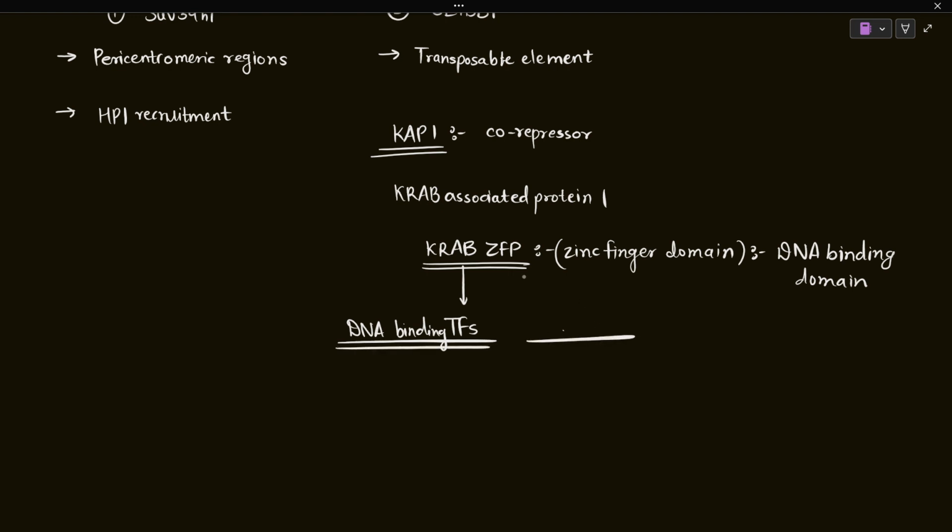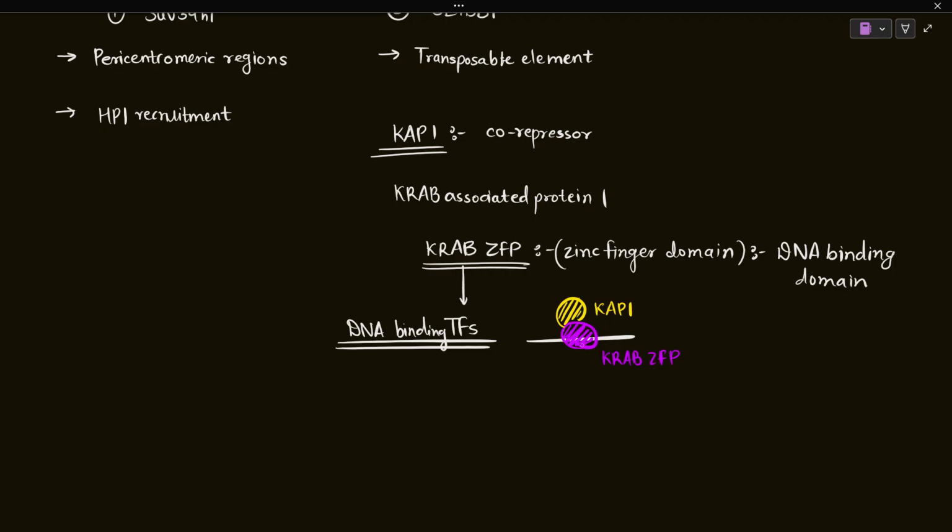So this is the DNA, and this is the KRAB ZFP, the KRAB zinc finger proteins. They bind to the DNA, and to them associates KAP1, the KRAB associated protein.